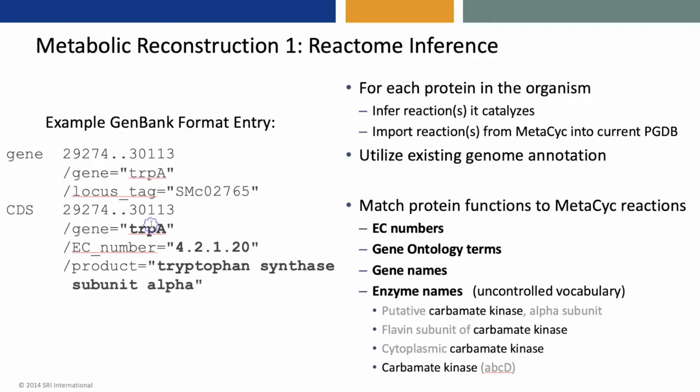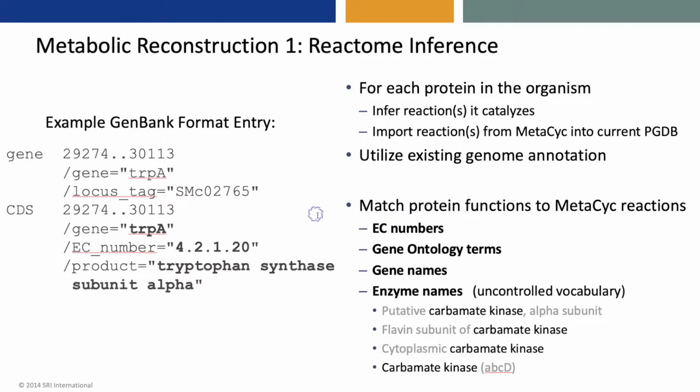We're providing a gene name, EC number, and a product name. What the software does is it considers each protein in the organism and attempts to infer what, if any, reactions that protein catalyzes, and to import those reactions from our MetaCyc metabolic pathway database into the current pathway genome database.